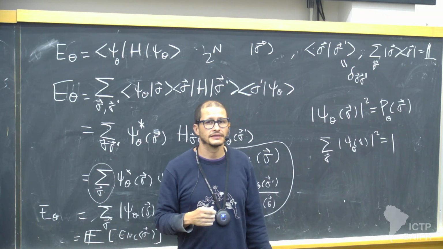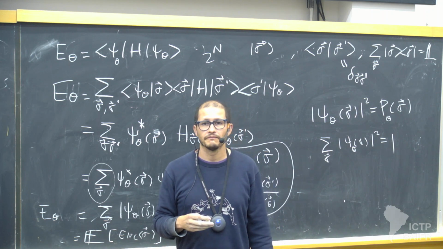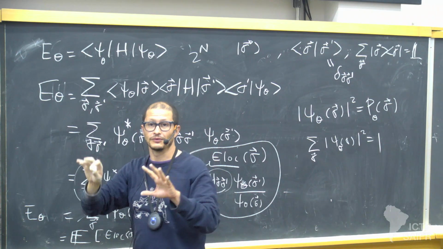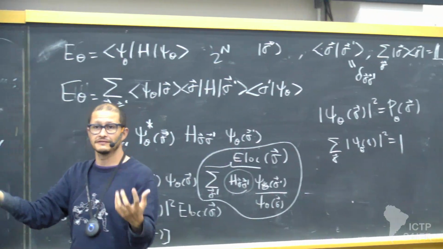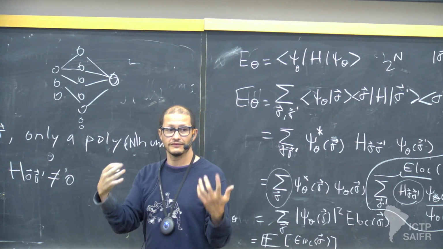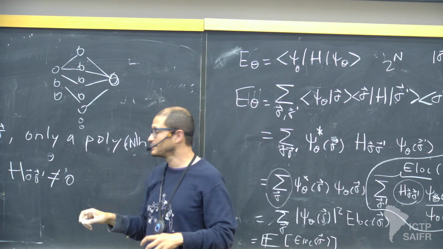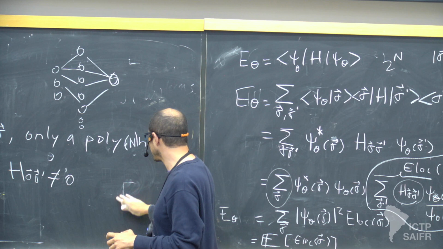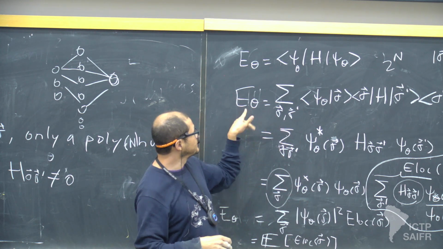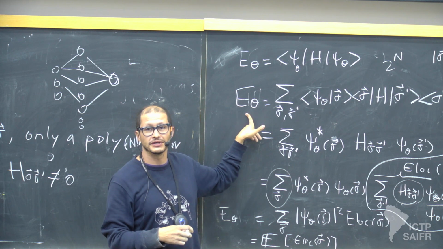For the toric code, for instance, we're not interested in that because it can be solved exactly. But if you took the architecture that I gave you, with the exact same filters, interpreted it as a wave function and ran this whole program, what would you get?